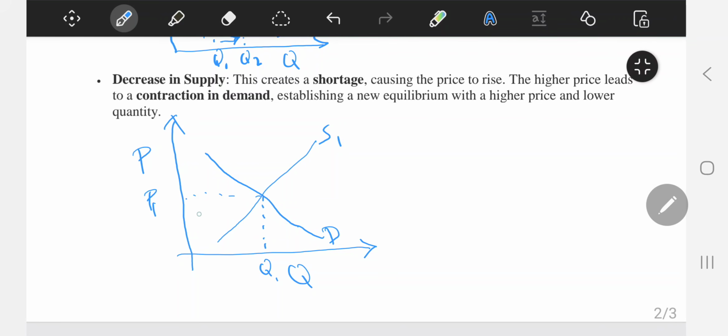So the supply curve is going to shift to the left in that direction, and you're going to move from this equilibrium to a new equilibrium here on S2, and this time we're going to have less quantity being produced or being supplied, and at a higher price. So that's what we're expecting to happen when prices change in a market to find a new equilibrium.